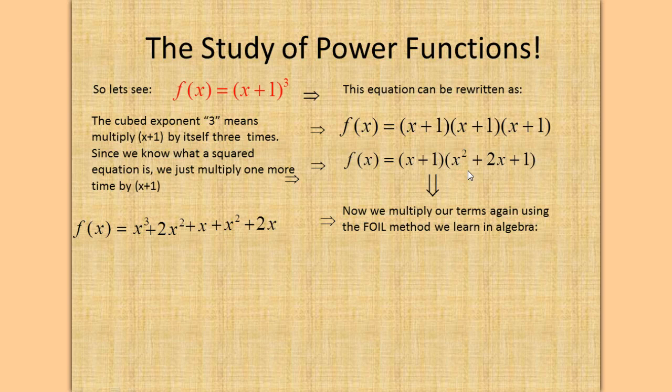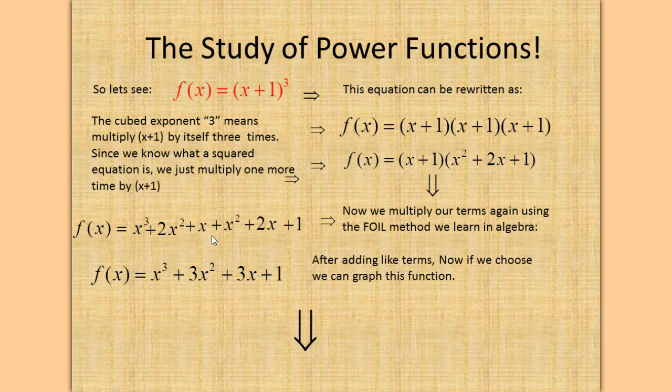We have 1 times 2x is 2x. And we have 1 times 1 is 1. Okay? Then we add up like terms. We have x cubed, 2x squared and x squared is 3x squared. And x plus 2x is 3x. And then we bring down our 1.